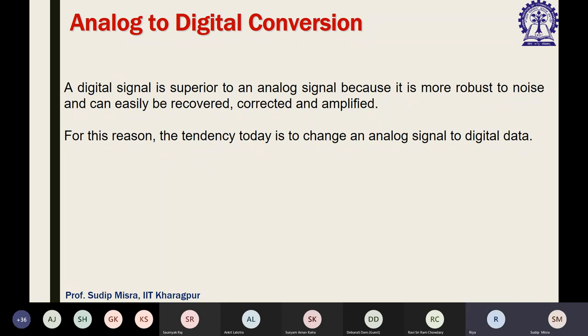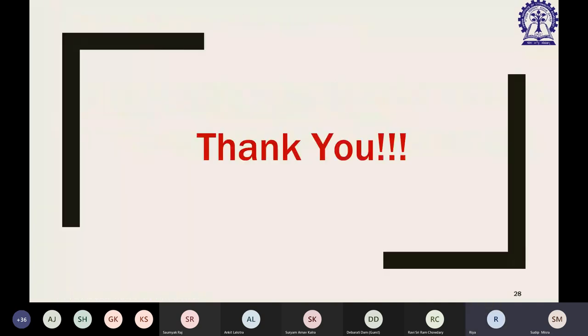So for this reason, nowadays the tendency is to send analog signals also as digital data, that is, to change an analog signal to digital data. So that is the analog to digital conversion, which we are going to cover shortly.